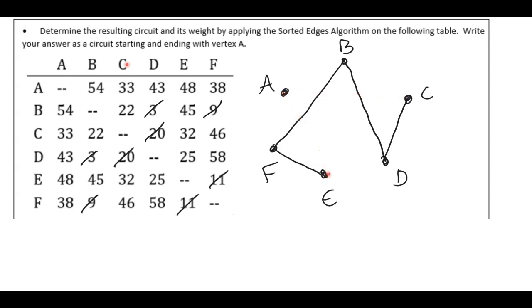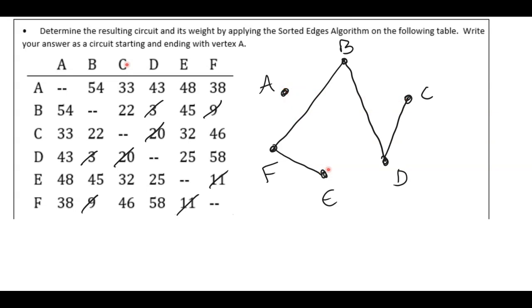To visit that vertex, we can't visit from any of the other vertices because that would create degree 3, which is not part of the algorithm. So we can either do that one next or that one next and then finish the job.